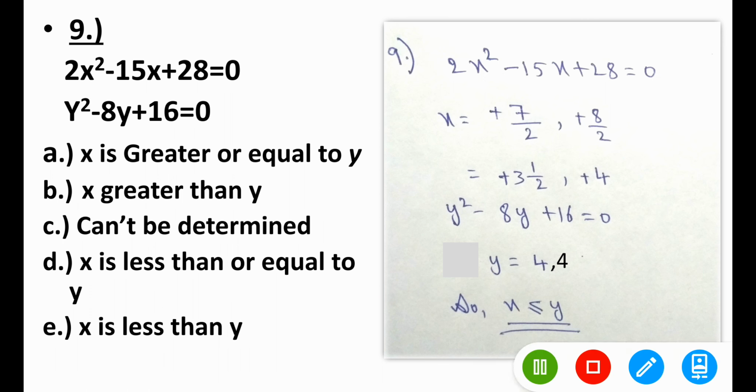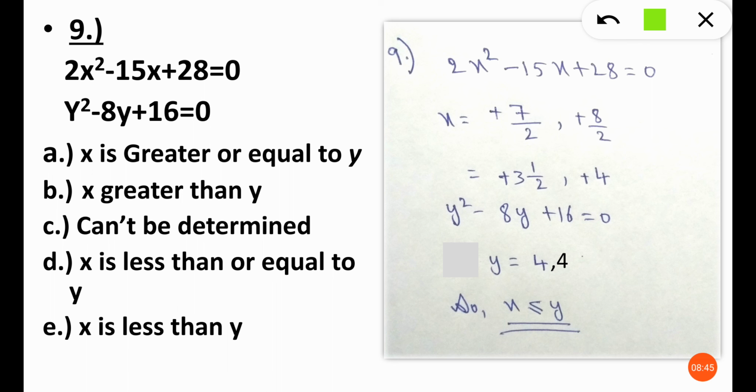Ninth problem. Last one. 2x² - 15x + 28 = 0, one quadratic equation. y² - 8y + 16 = 0, another quadratic equation. The roots for this quadratic equation are 7/2 and 8/2. Divide the factors with the x² coefficient 2.